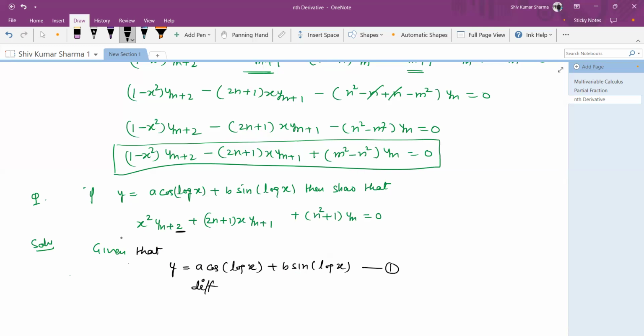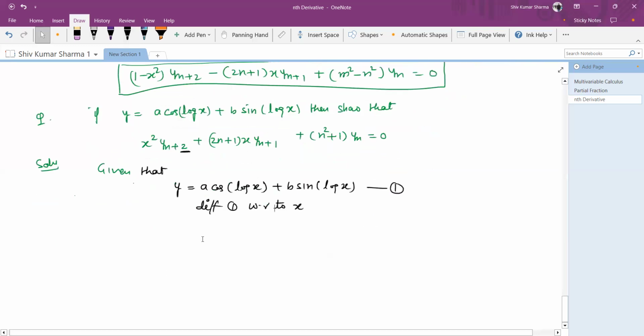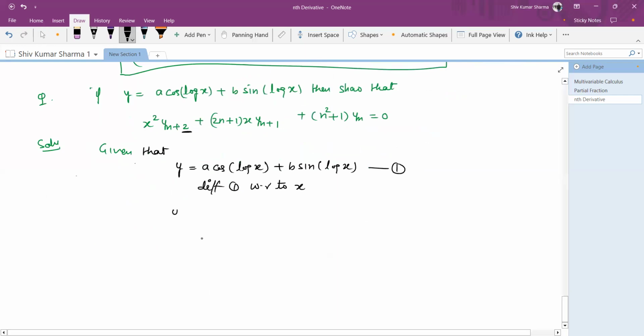So differentiate 1 with respect to x. So this gives us y1, differentiation of y is y1. a, differentiation of cos is minus sine, so minus sine into log x, and differentiation of log x is 1 upon x.